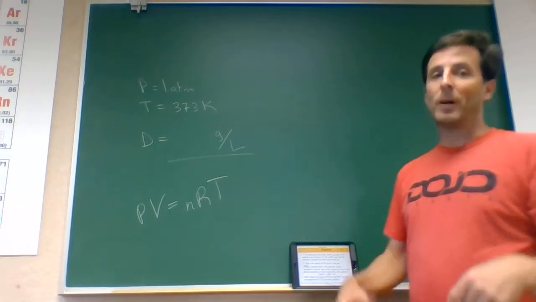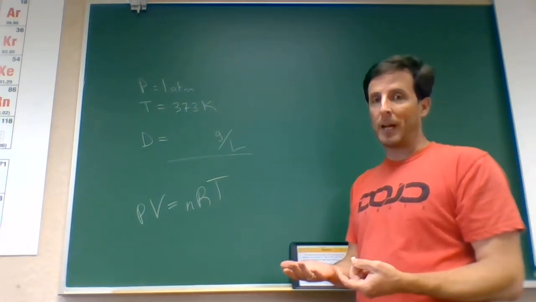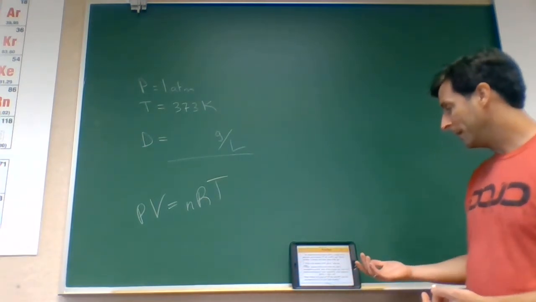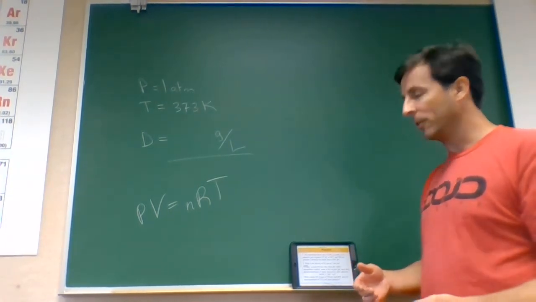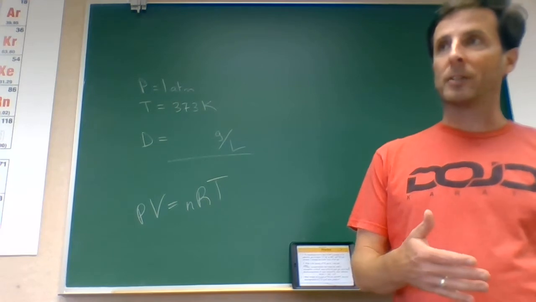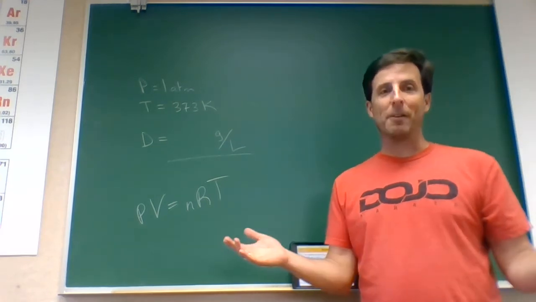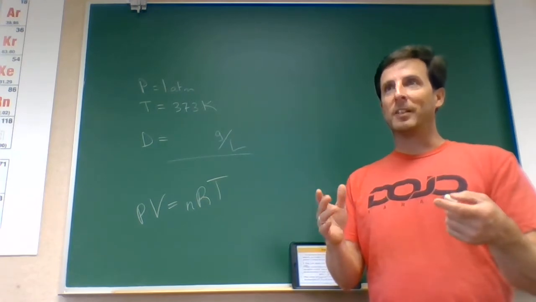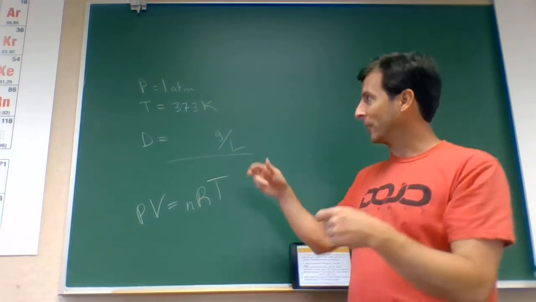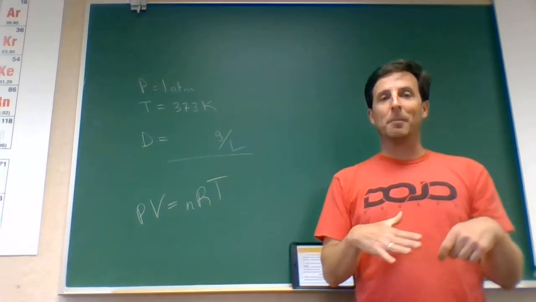There are a couple different ways you could approach this problem. The easiest one is this: it says what's the density of nitrogen gas at 1 atmosphere and 100 degrees Celsius. It doesn't tell me how much gas I have, and the density is like the amount in it, the grams per liter. So I need to make up a volume.